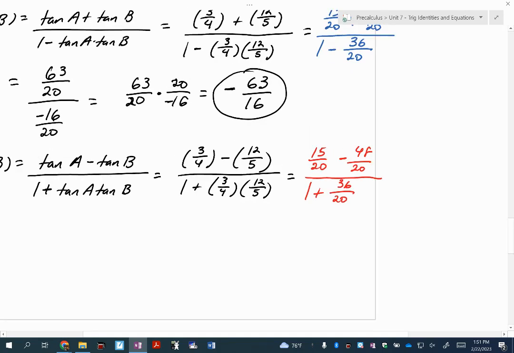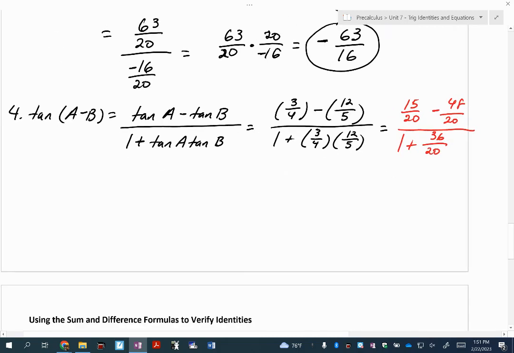So that's no different. The signs are different, so that's going to change where I keep going with my work. So I've got 15 minus 48, which is going to be negative 33/20, all over 1 plus 36/20. If I change that 1 to be 20 over 20, that gives me 56/20.